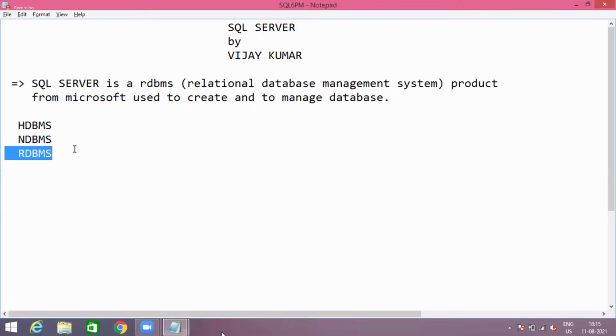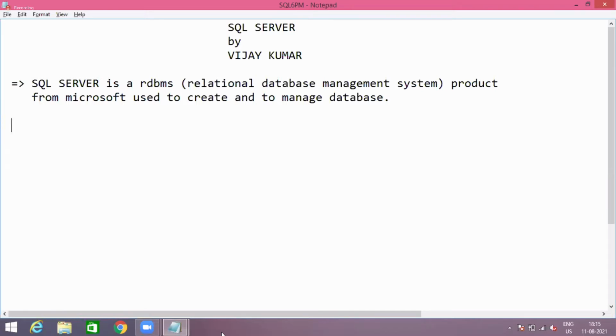But when RDBMS was introduced into the market, most companies started using databases, because of its simple concept.